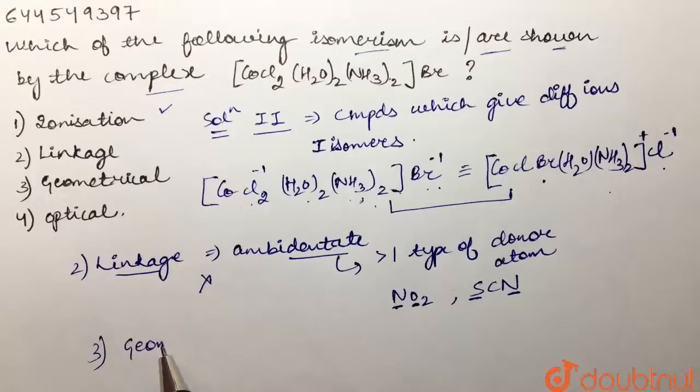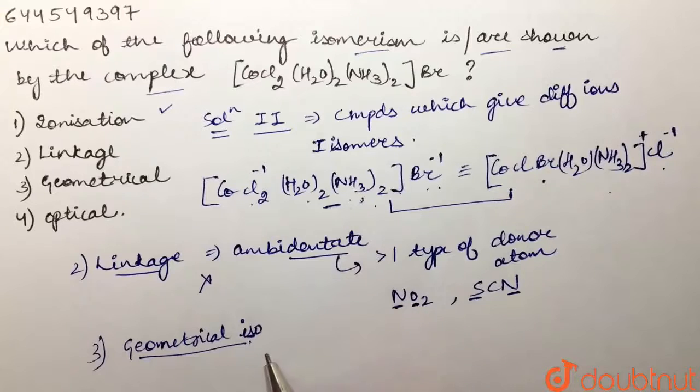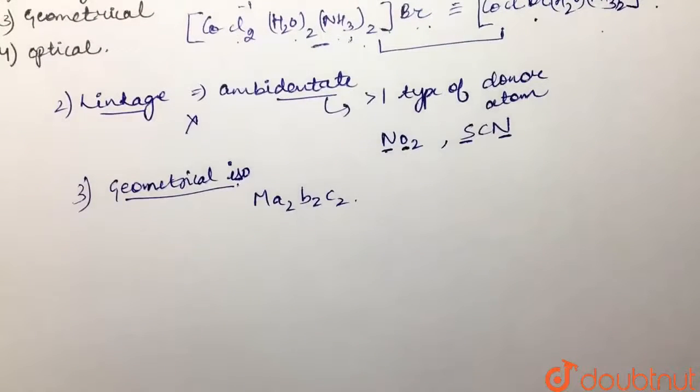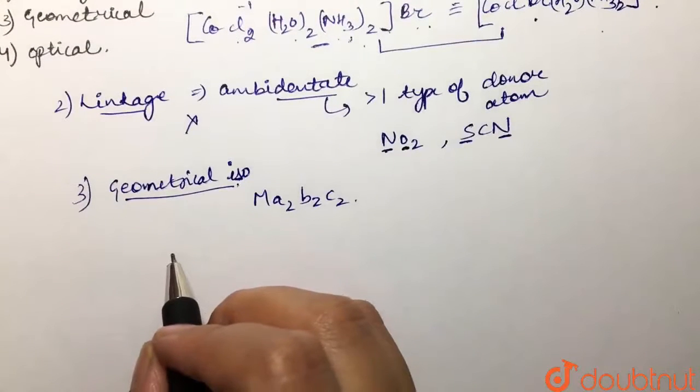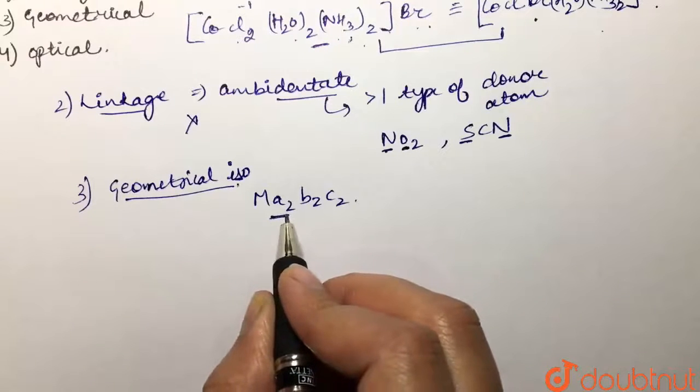Now if we talk about geometrical isomerism, this complex is of which type? It is of type M A2 B2 C2. Hence we can say that geometrical isomerism is possible over here. How?